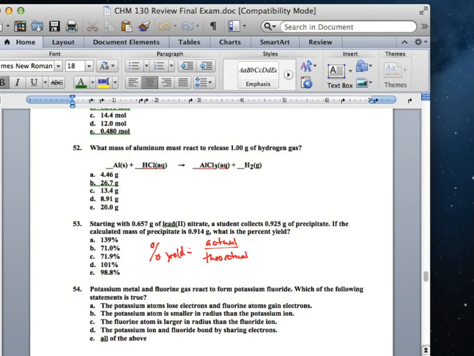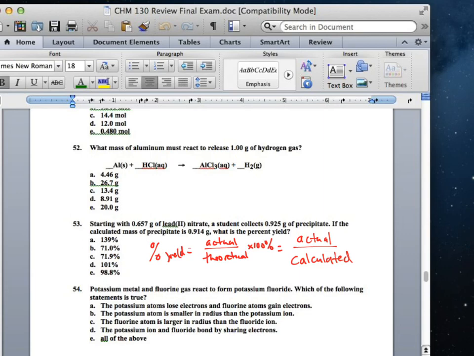We've changed the terms around a little bit. It is also known as the actual over calculated, because your theoretical yield must be calculated.